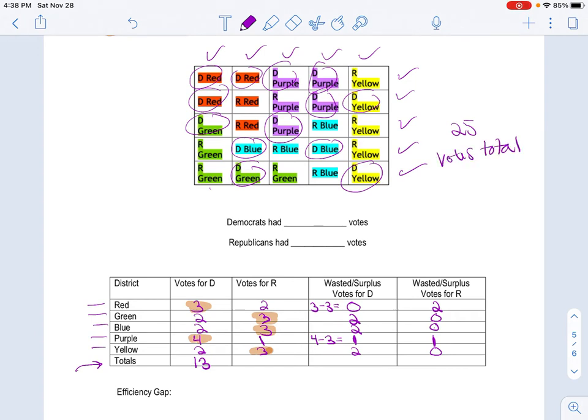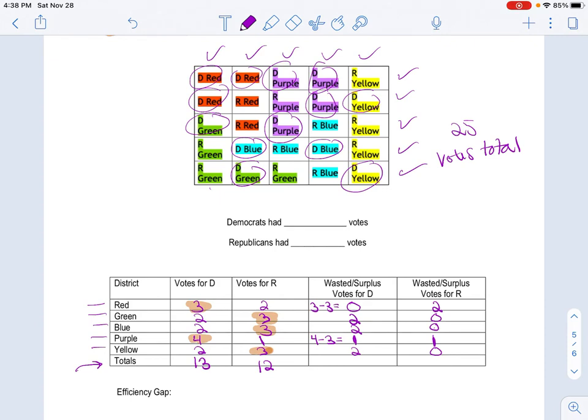The other way would be to just add every square up. So if 13 votes for Democrats, that leaves only 12 votes for Republicans. I'm going to add that column just to make sure I did all my math right, and I did get 12. Good.